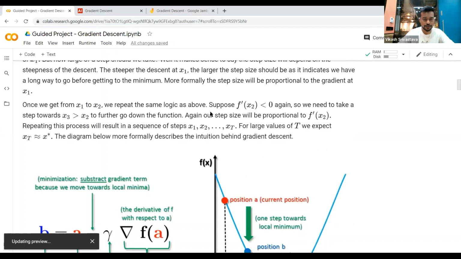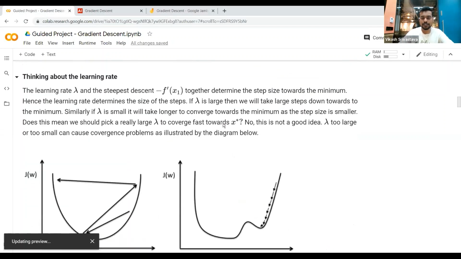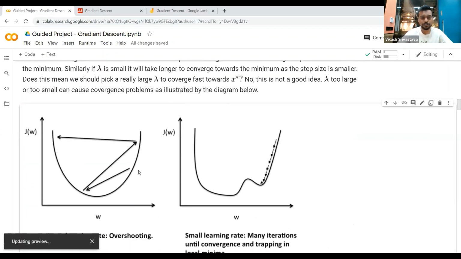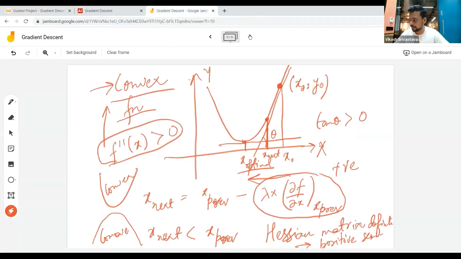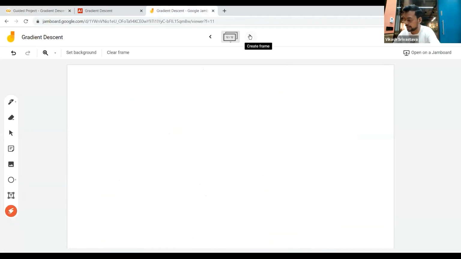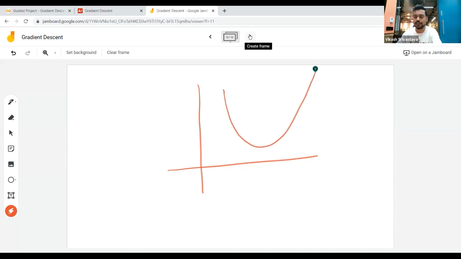Now there's a really important concept. Let's say you start at this particular point. I'll add one other frame, and here I can write for you guys. Let's say we have a particular function like this, and we start here.